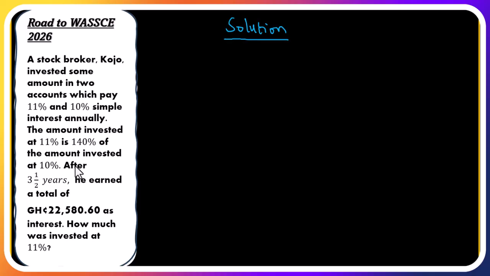The amount invested at 11% is 140% of the amount invested at 10%. So the amount invested at 10% is the unknown amount, and we denote the unknown amount as X.